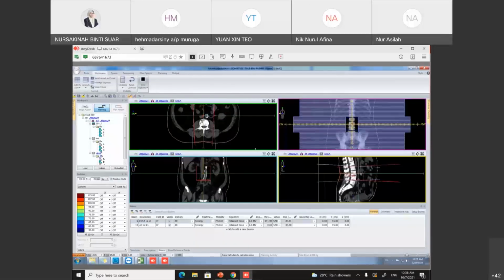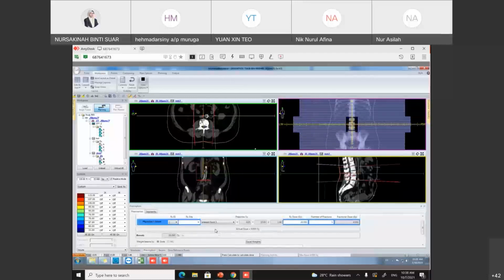For now, because we want to be fast, and when you are very experienced, you don't need to do all this, because we can actually just change our prescription point at the 10 cm depth. But for now, I'd better show you like this. I'm scared I'll confuse you, because at first I was confused when I first joined another center.